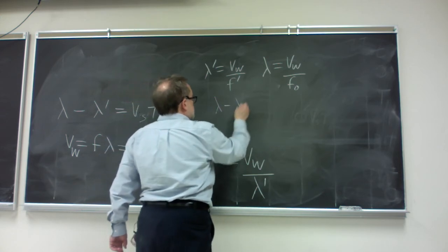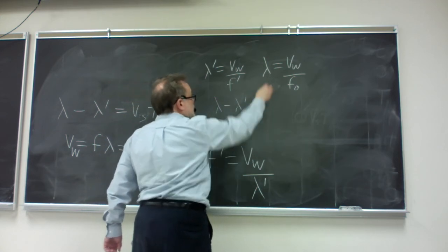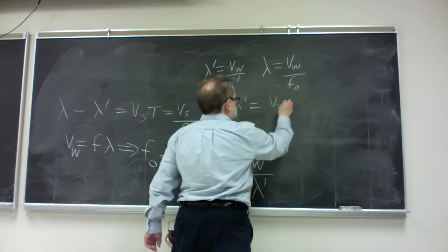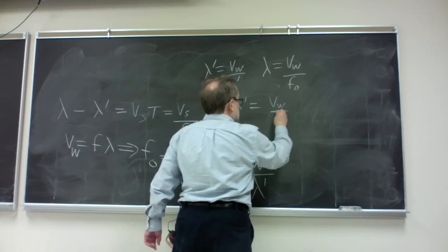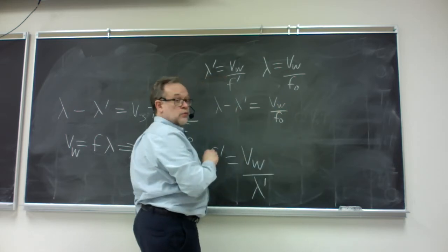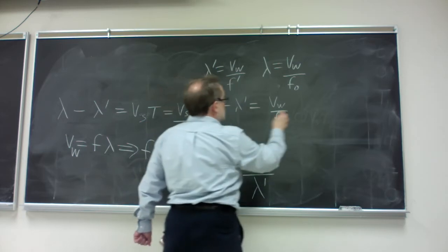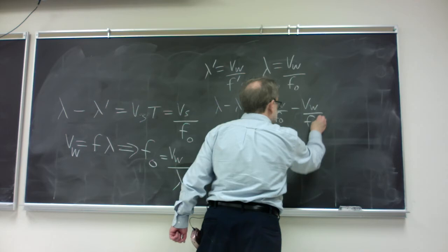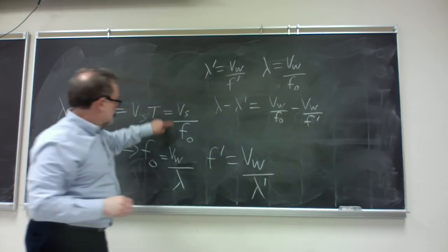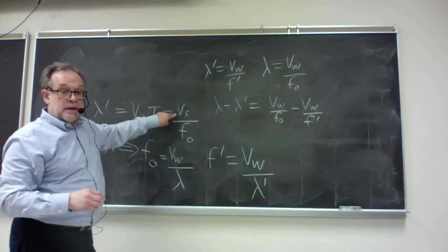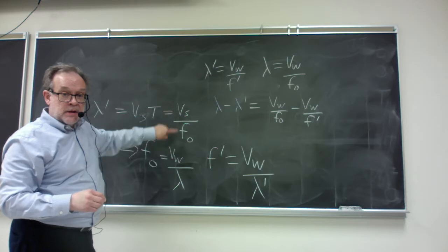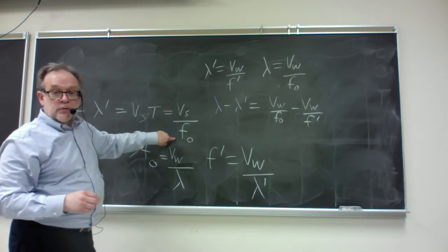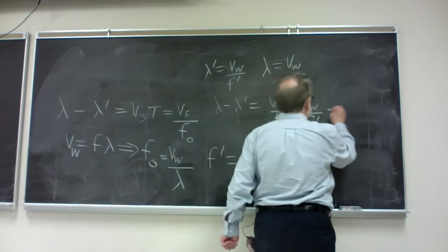Lambda minus lambda prime is just that: wave speed over frequency of the source minus lambda prime, wave speed over a perceived frequency, and that's equal to this, source speed over frequency of the source.